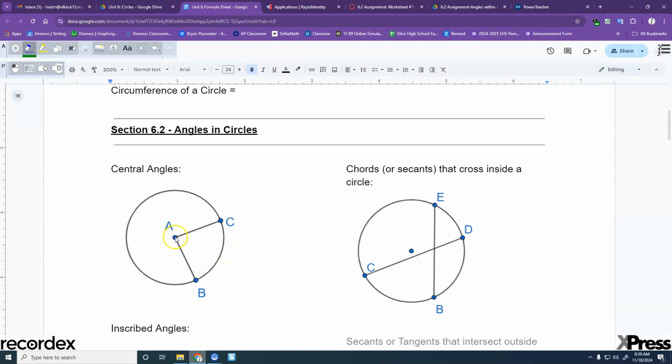Since at A we really just have one angle right here, I can call that angle A if I want, or I can call it angle CAB. And I'm going to put an M in front of it. So measure of angle CAB has to equal the measure of arc CB.